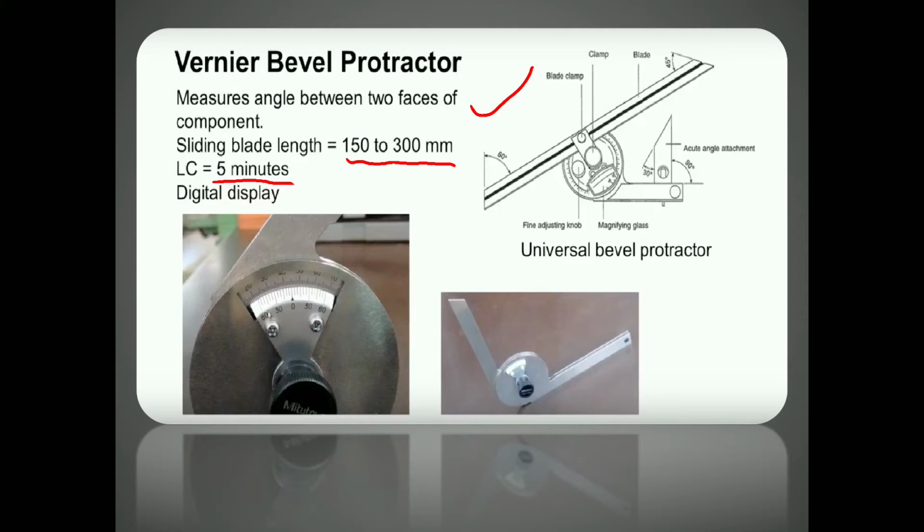It has a clamp, then the blades, blade clamp, then an acute angle attachment here, then magnifying lenses are given to improve the readability, then the fine adjusting knob is there to adjust the angle, and it is a real-time image of a vernier bevel protractor. So let us see how exactly the construction is built.